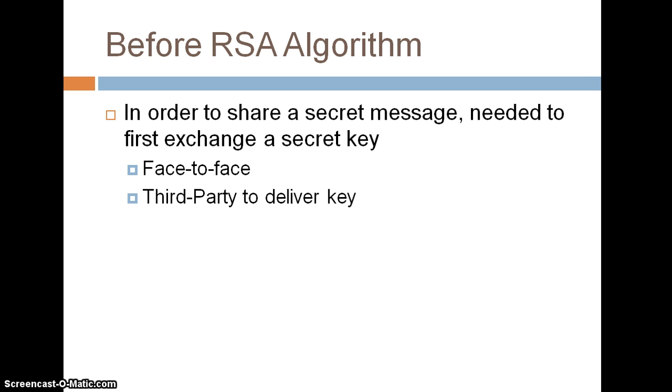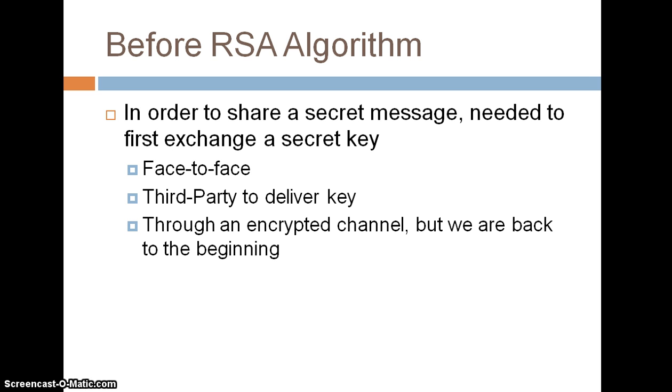Another option is to have a third party deliver the key. But this definitely should be somebody you trust because if they wanted to, they could decrypt your message and give your key to whoever they want, and you wouldn't even necessarily know. The third option would be through an encrypted channel, but then you're back at the beginning because in order to send a message over an encrypted channel, you need to exchange the encryption key first, and it's just kind of a cycle.